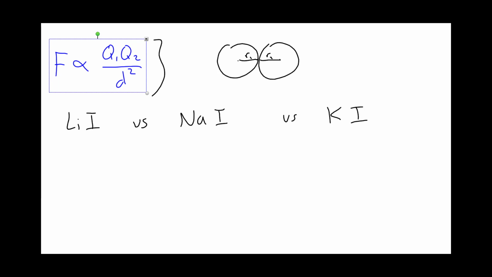And I'm using that because do we know about the radius of ions? Or at least how to tell which one's bigger? Yeah, we did that in chapter 7. We just took a test on that. So we know how to tell which one's going to have a bigger ionic radius. So the bigger the ionic radius, the what the distance between? Greater. Bigger distance.